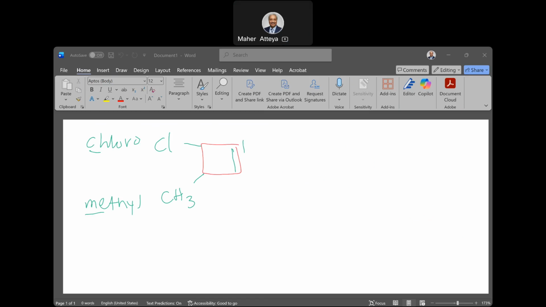Okay, then you have to close the double bond. It can't be the 2 here. It has to be the 2 here. You have to close what? The double bond. 1, 2, 3, 4. So you have cyclobutene.